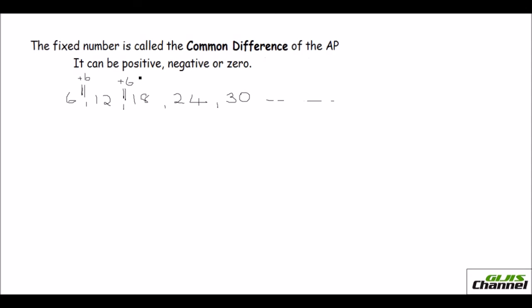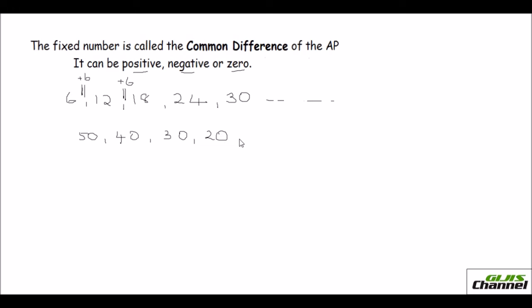And again, a common difference can be positive. Here it is positive. It can also be negative, and it can be 0. For negative, I can give you an example. Say if I write 50, 40, 30, 20, 10, 0, negative 10, this is yet another arithmetic progression.